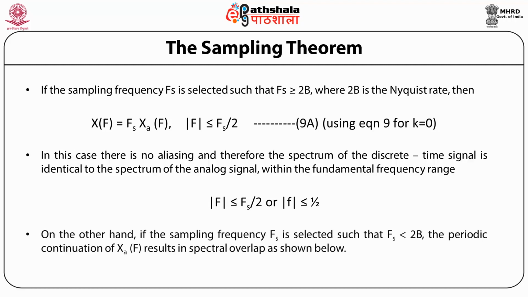On the other hand, if the sampling frequency fs is selected such that fs is less than 2B, the periodic continuation of xa(F) results in spectral overlap, which is shown in this figure.